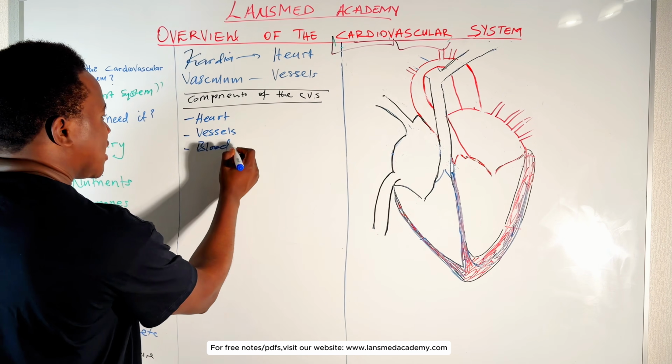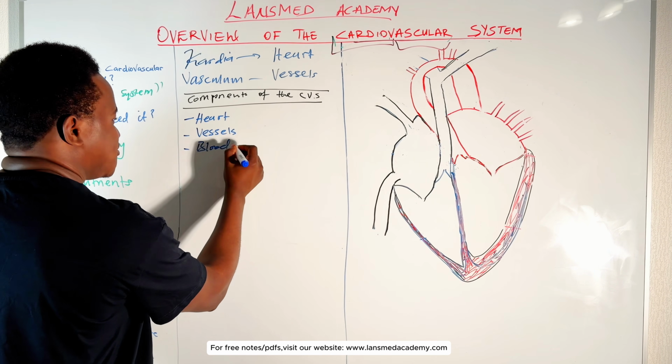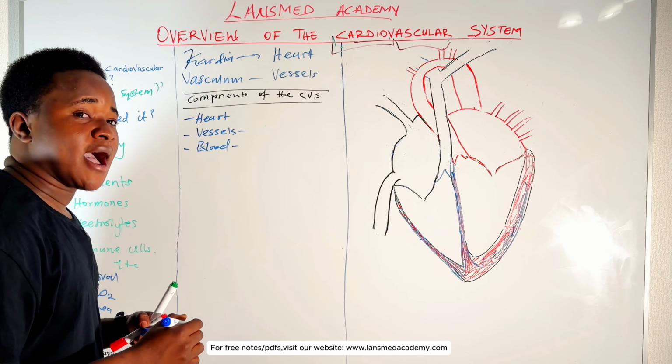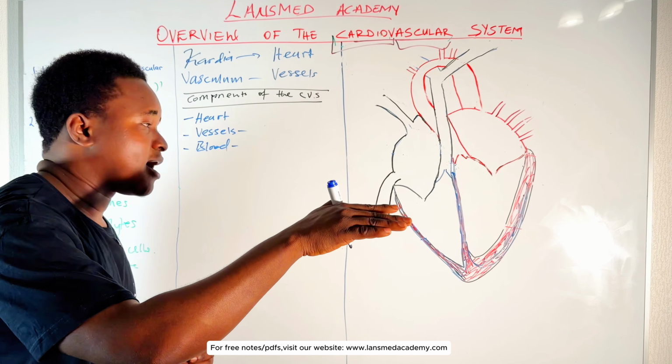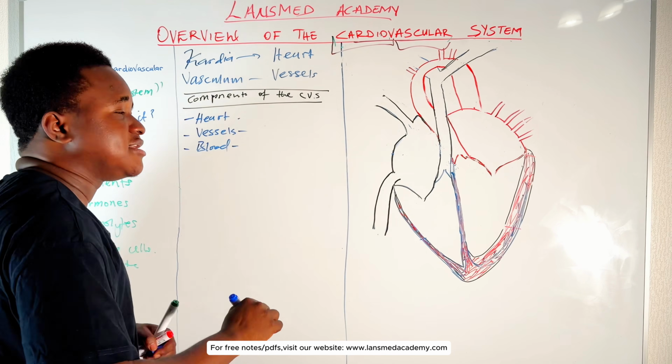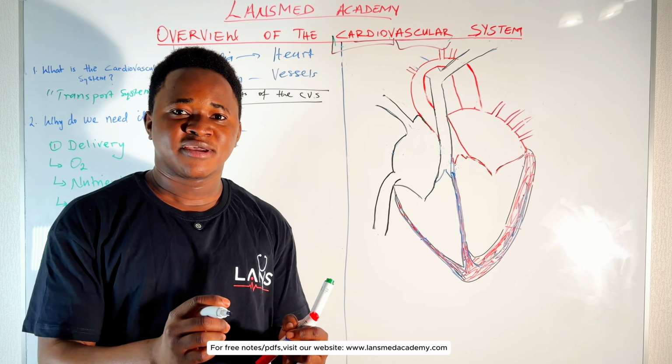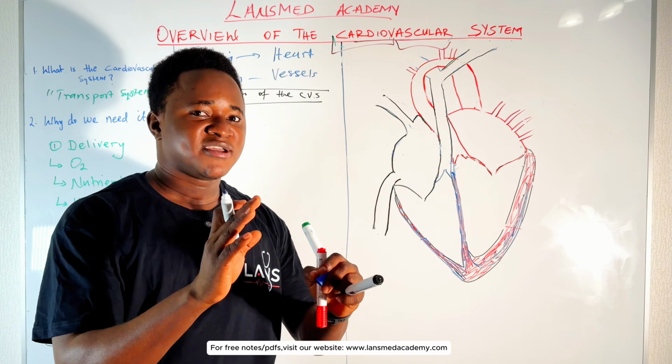So in a simple way to understand, the blood are the vehicles, the vessels are the roads or channels, the highways, and the heart is the central control panel or pressure pump. It pumps and everything goes.